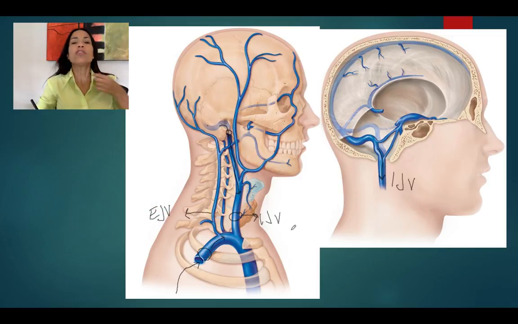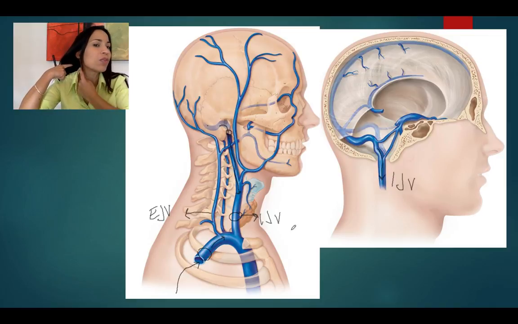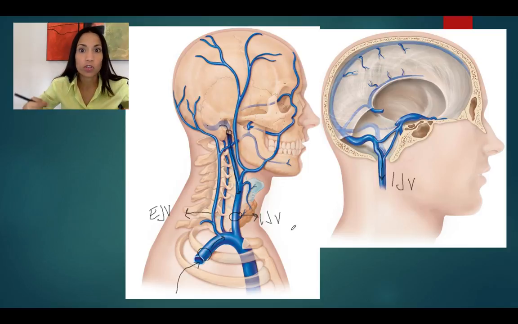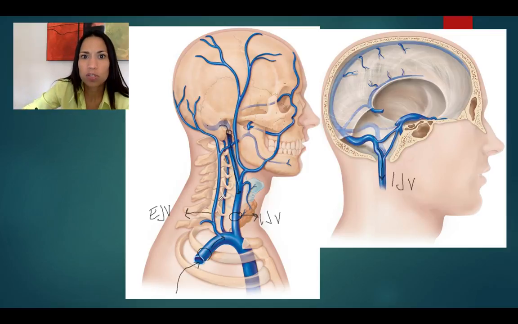The internal jugular vein is located deep to your sternocleidomastoid muscle. Just crossing superficially, we can see the external jugular vein, the one that we see when we're screaming. That's the external jugular vein.